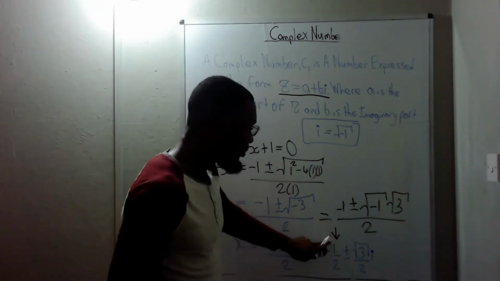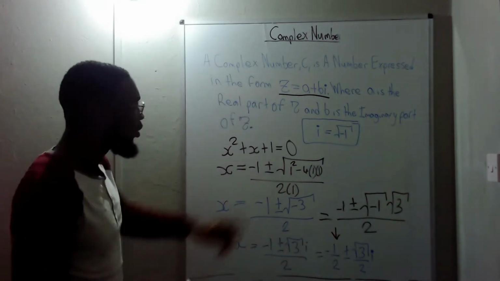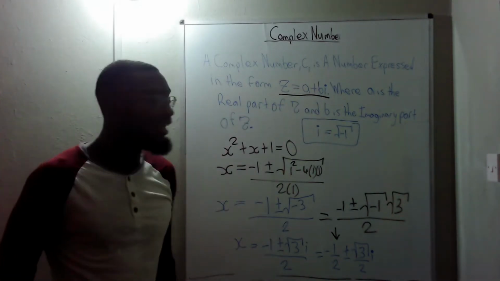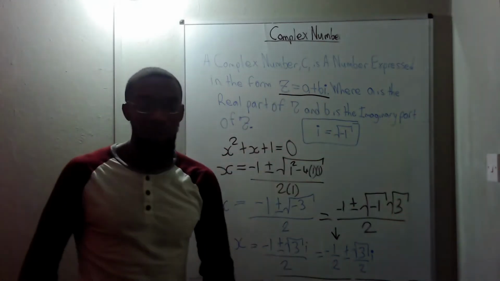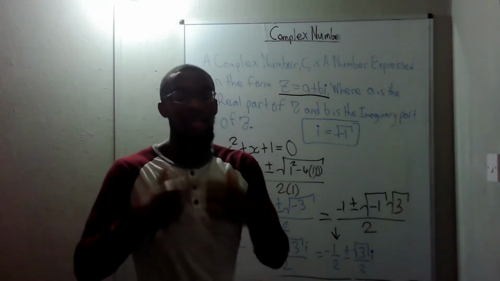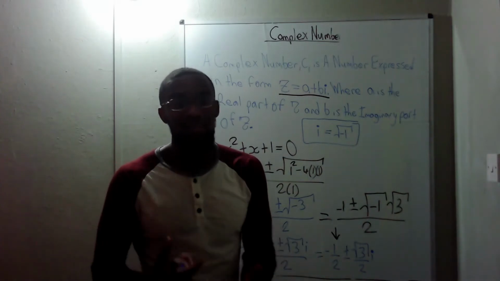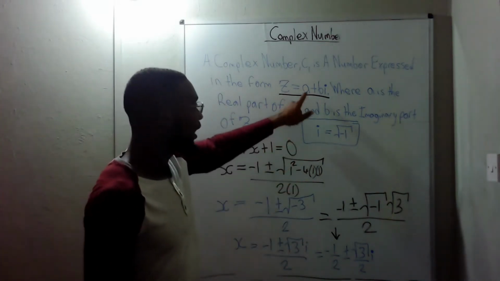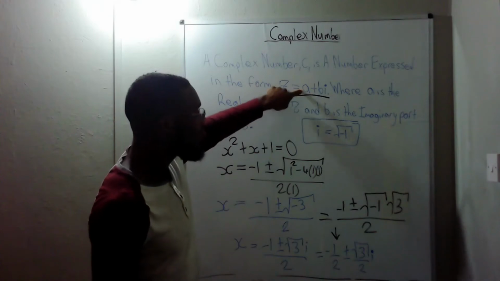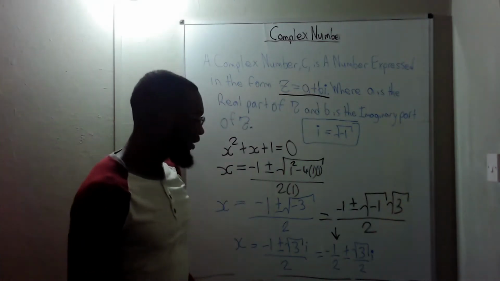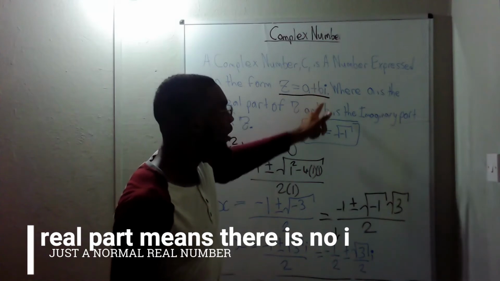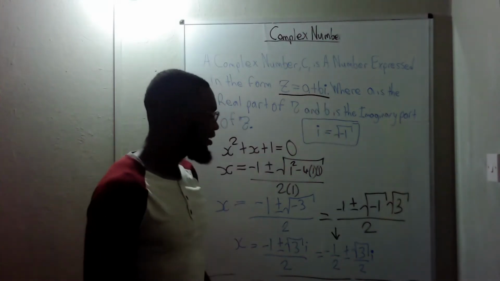This is the real part. Notice how a complex number looks: z is equal to a plus bi. That's the standard form of a complex number. A complex number is any number that can be expressed in the form a plus bi. And a is the real part of the complex number and b is the imaginary part. b is the number in front of the i.